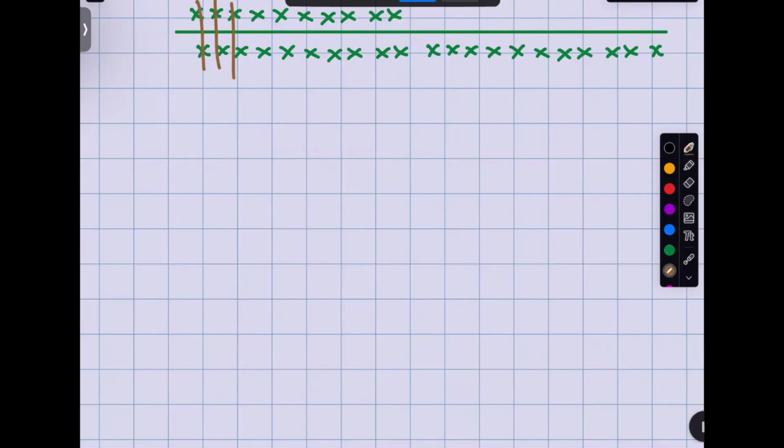So 10 x's on top, 21 x's on the bottom, right? I said 10 of them cancel out. Boop, boop, boop, boop, boop, boop, boop, boop, boop, right? So how many x's are left? Where? Where are the x's? On the bottom or at the top? The bottom. Awesome.